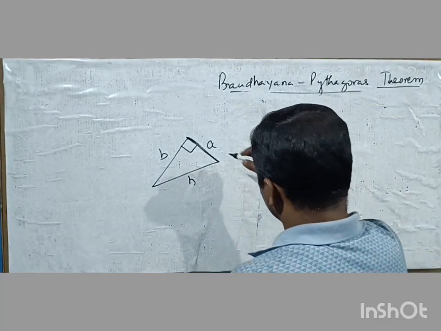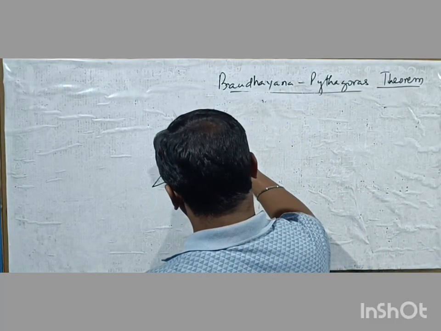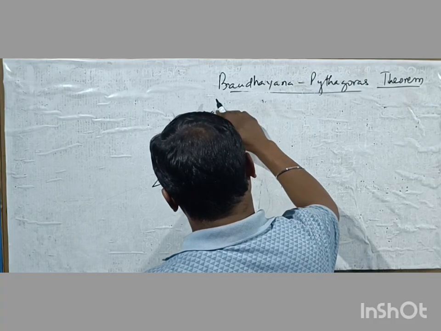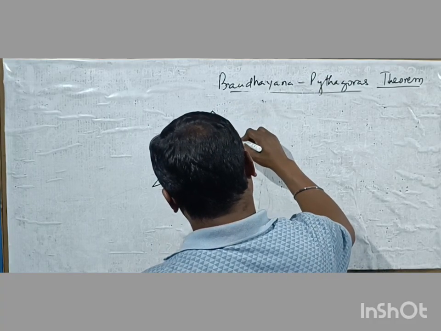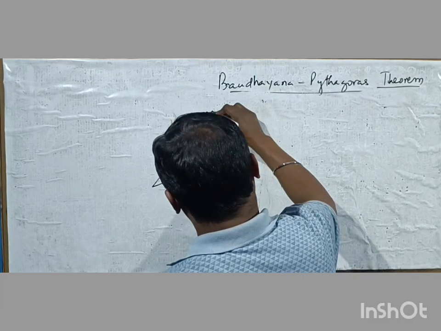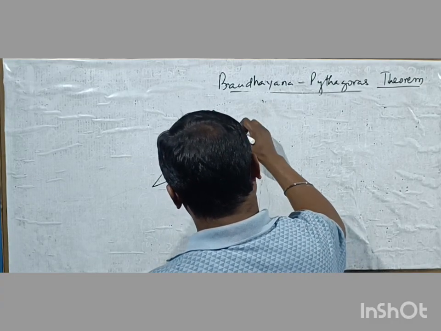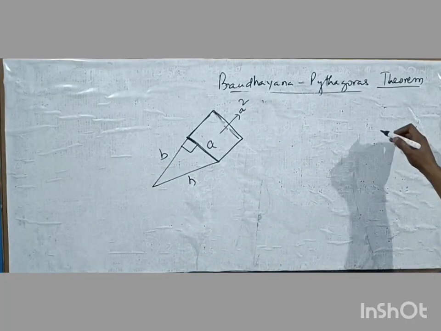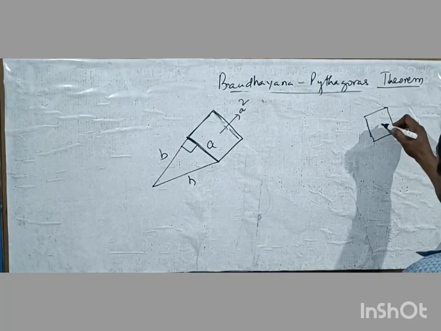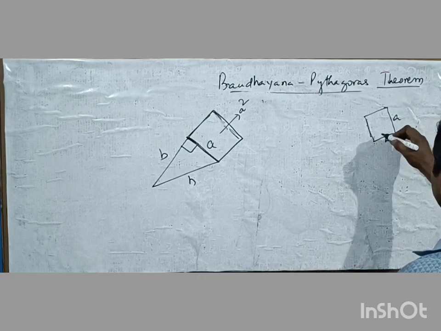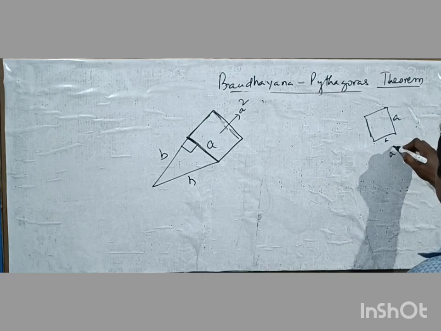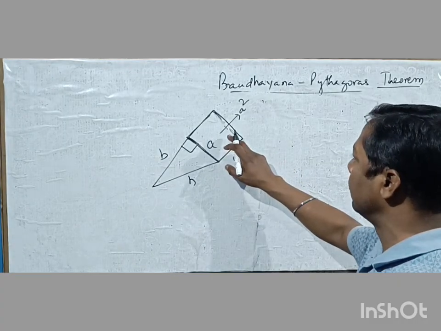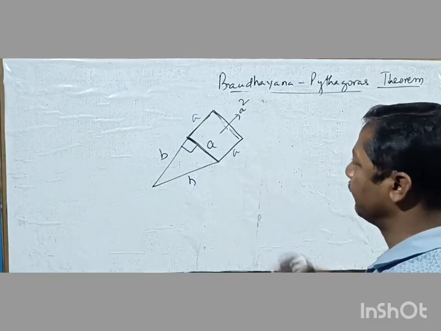If I take this as a side of a square, I will get the value. Thus this area is a square. The area of a square is side square, so the area of this will be A square.